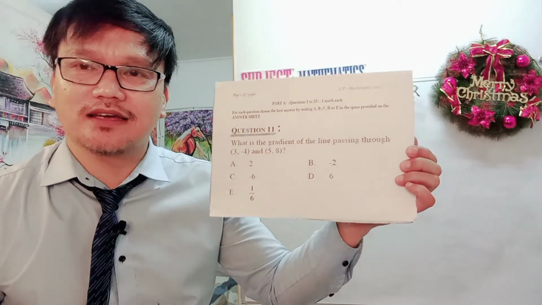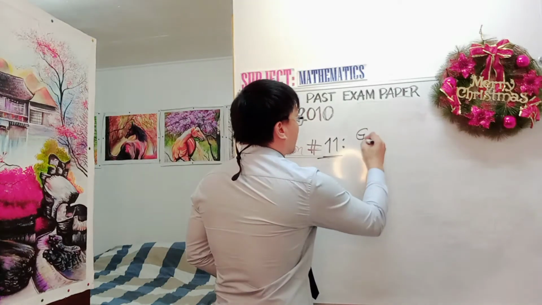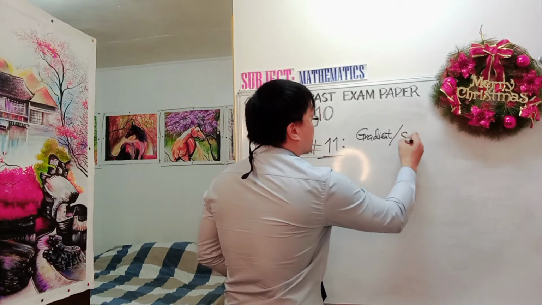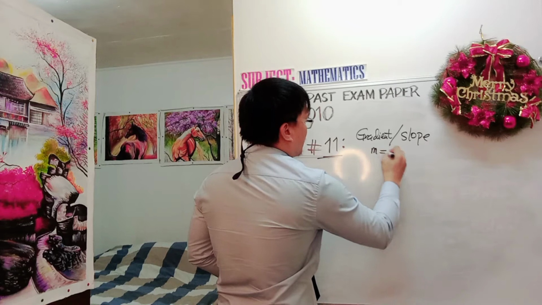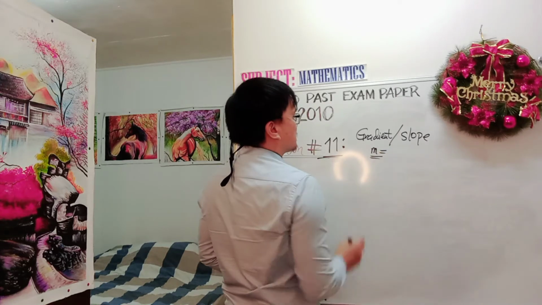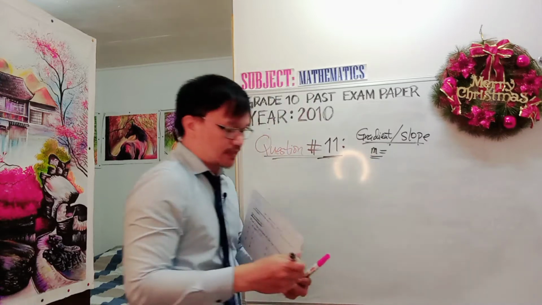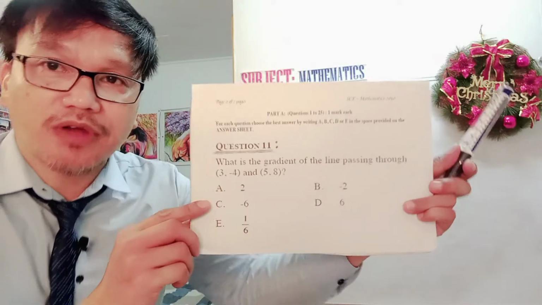What is gradient again? The gradient, or also known as slope, has the symbol small letter m. Let us illustrate this one.